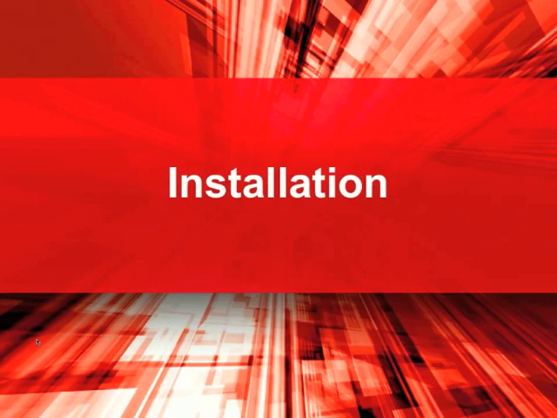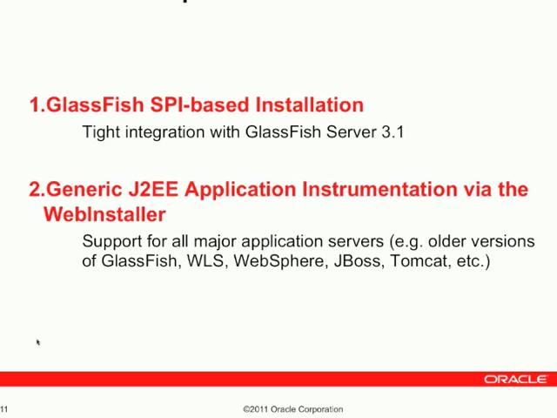Okay. Now let's dive into some of the installation details. It's going to be a bit complicated, so I'm going to walk through this fairly closely. Now, there are two options with Oracle GlassFish Server. The first option, and this depends on which version, is called the SPI-based installer, or Active Cache for GlassFish. This provides a very tight integration with Oracle GlassFish Server 3.1, and this is a new feature that's only available on Oracle GlassFish Server 3.1 and above.